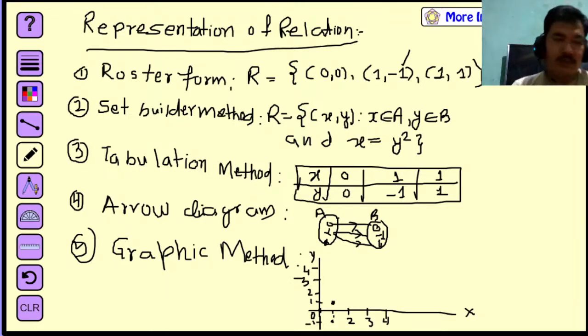Now look here. I am going to the next topic, that is types of relation.